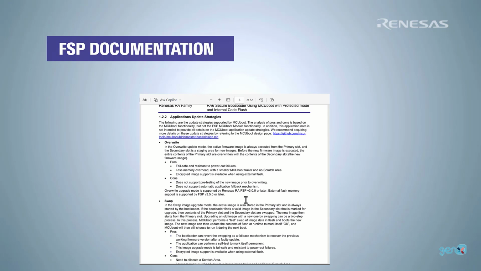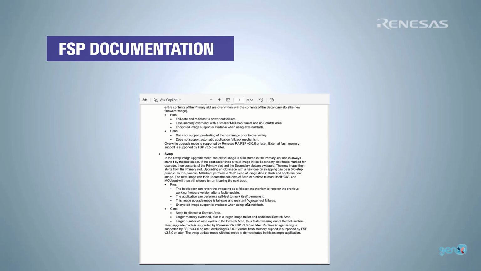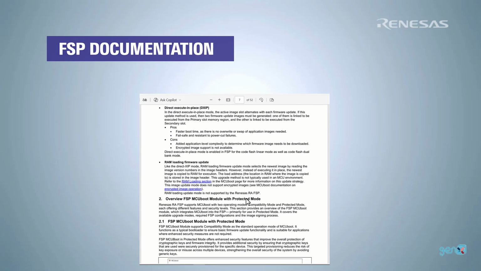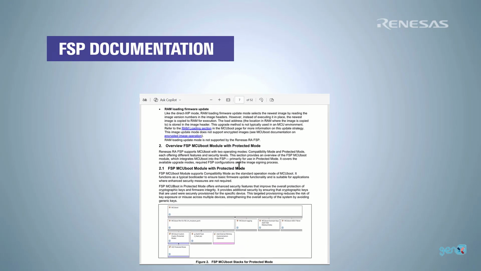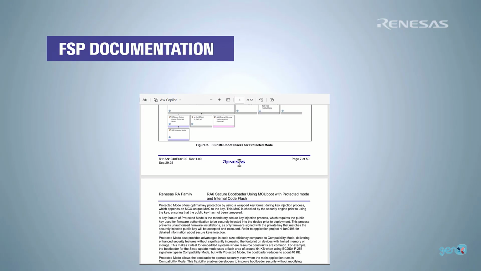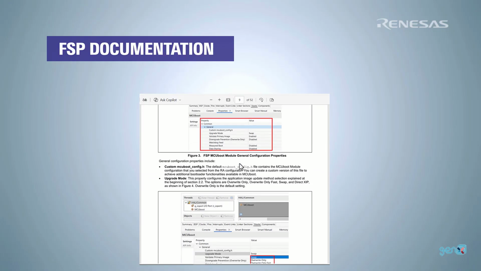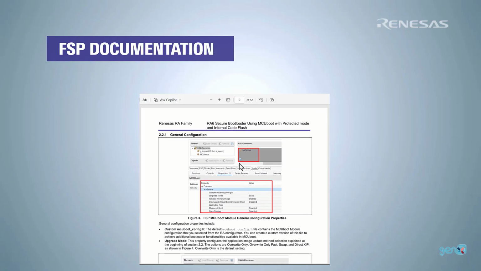A bootloader is the first firmware to run at power-up, and on RA6M devices it forms the root of trust. MCUboot verifies the application using cryptographic signatures and only boots it if the image is authentic.